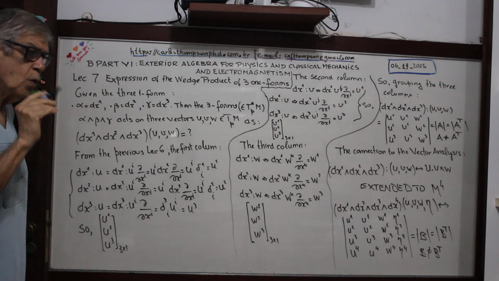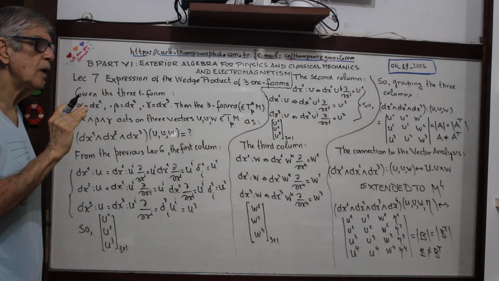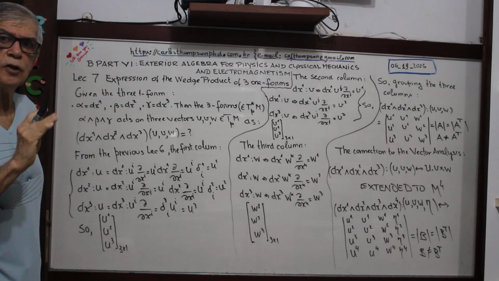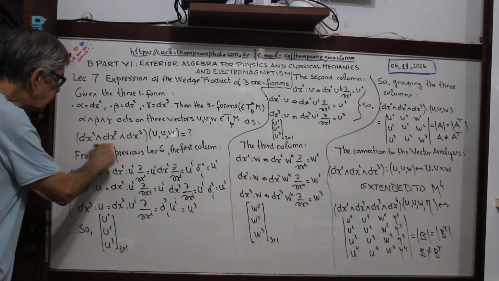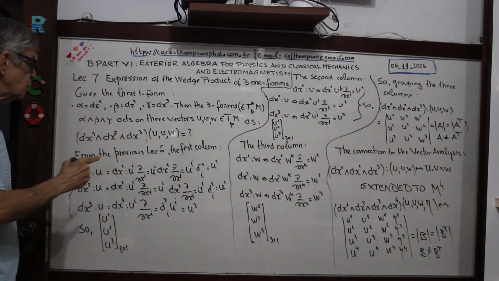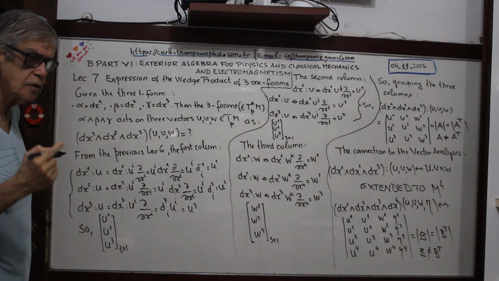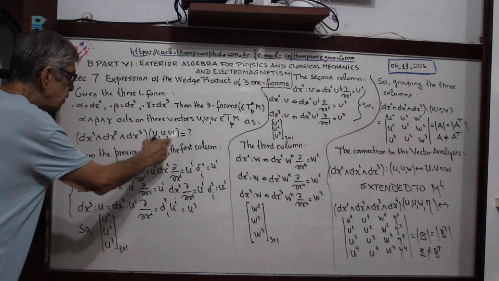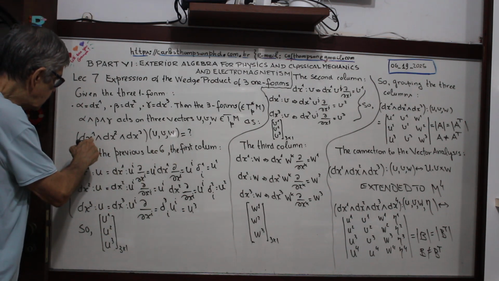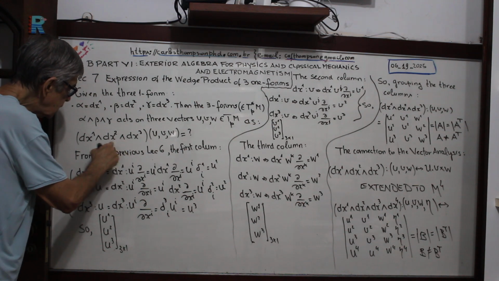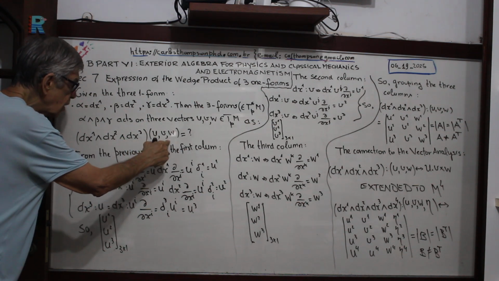You always remember the definition of a tensor, okay? This over here belongs to the cotangent vector space. u, v, w belong to the vector space. You see, you act on the tangent vector space.